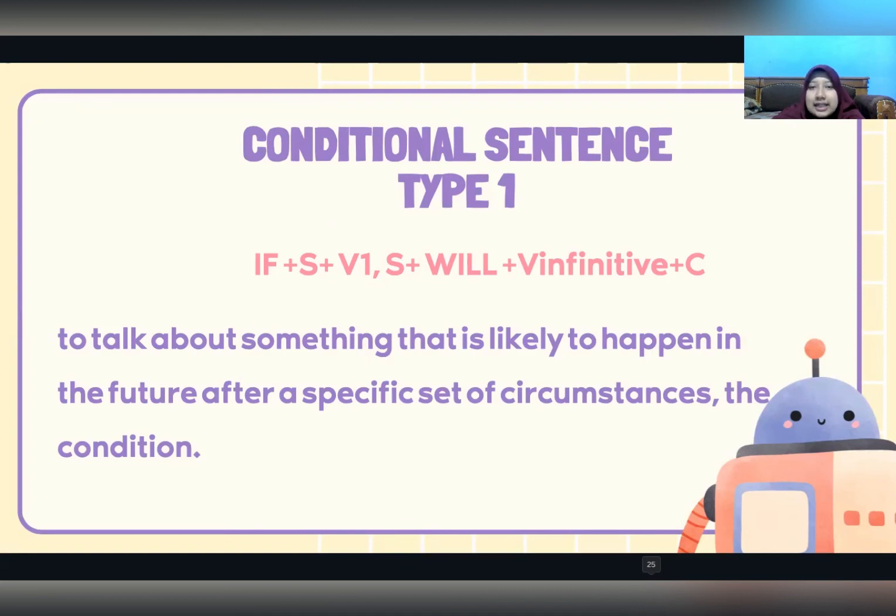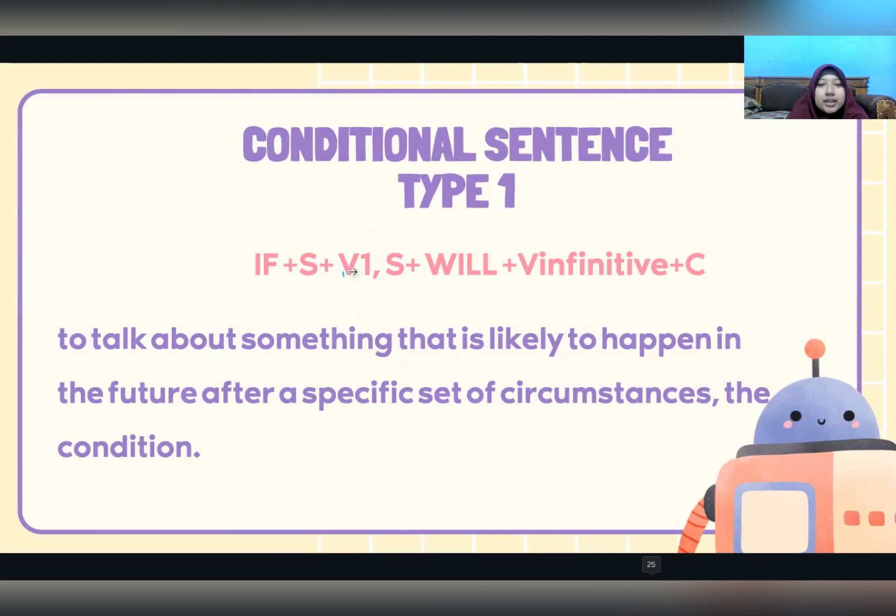The conditional tenses that I will talk about in this discussion are conditional type 1, type 2, and type 3. Conditional type 1 has the formula: if plus subject plus verb 1. This is the if clause. A conditional sentence has two parts, the if clause and the main clause.